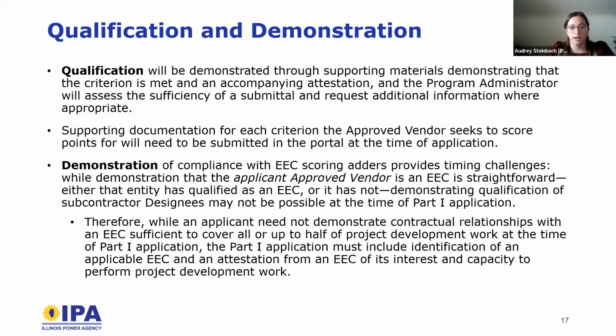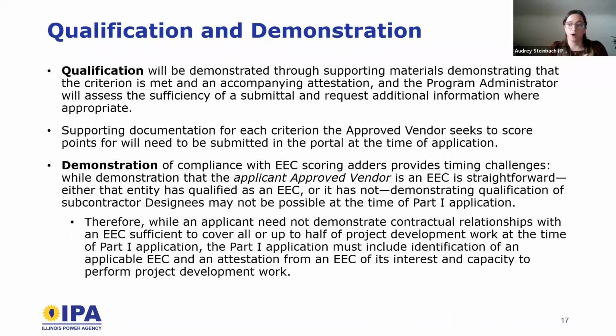Next slide, please. So this slide outlines qualification and demonstration of commitments that are seeking points through this scoring process. The gist of this is that if commitments are made at Part 1, demonstration of those commitments must be made at the Part 2 application. Qualification can be made and demonstrated through many different types of ways. What we're looking for is a commitment and confirmation of those.